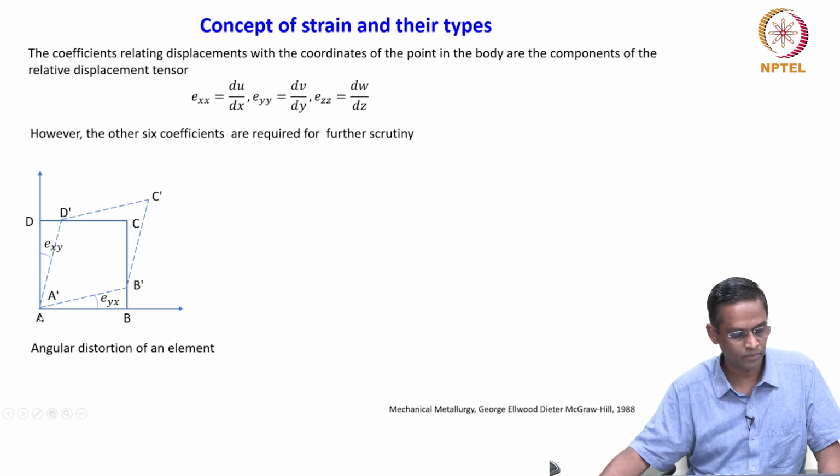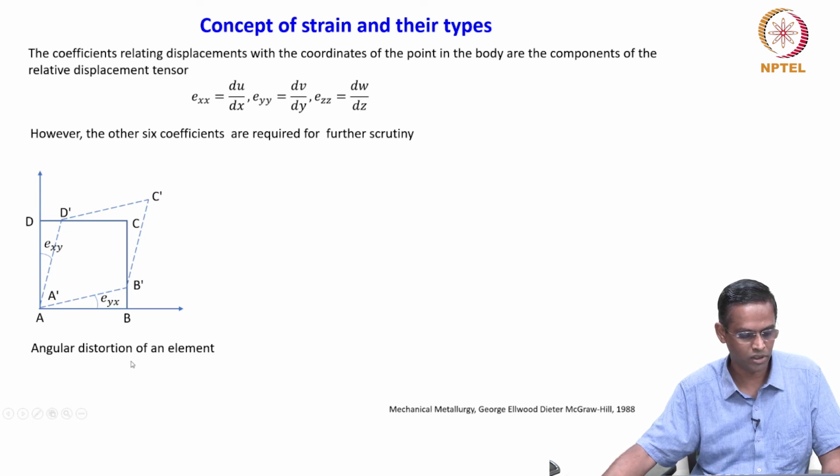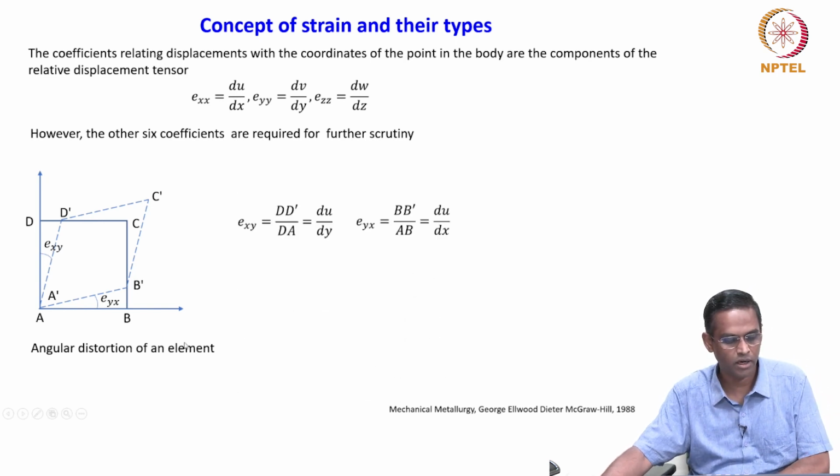The member ABCD has been deformed into A dash, B dash, C dash and D dash, and this deformation is not a linear deformation, but an angular deformation or called angular distortion. So, this is the shear strain here, not stress. EYX and EXY, these are the strains we are interested in.